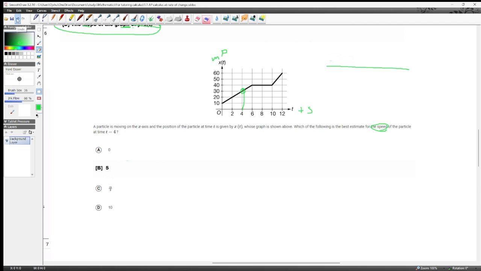And I'm gonna use 10 because it's the y-intercept. And since it's the y-intercept, the time, or the seconds, would be 0. So it's 30 minus 10 divided by 4 minus 0.